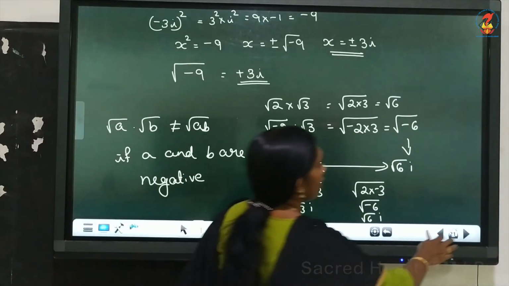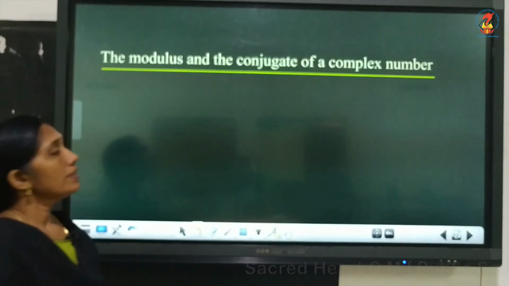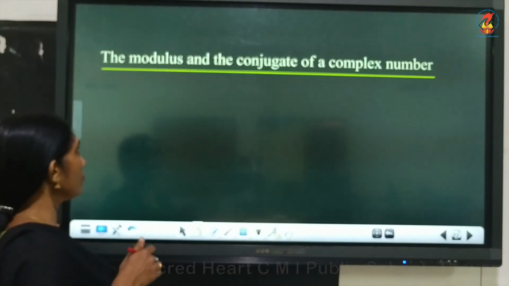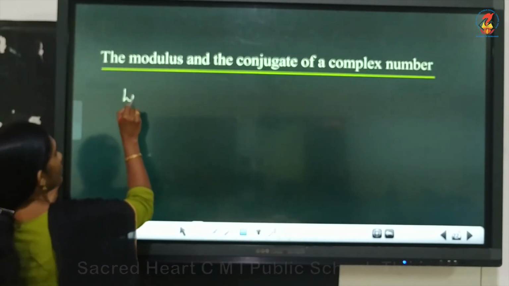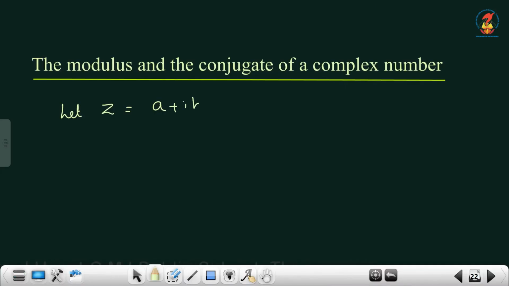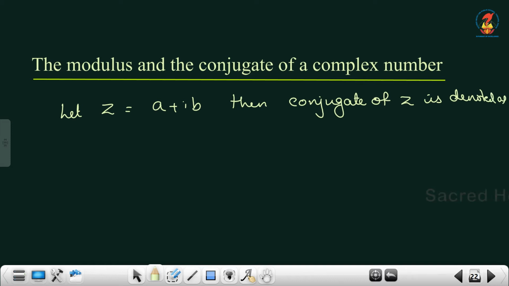Okay. The next is the modulus and the conjugate of a complex number. So let z be equal to a plus ib. Then the conjugate of z is denoted as z bar.